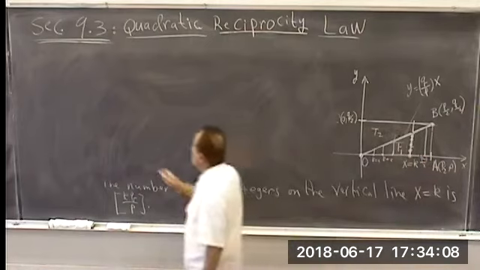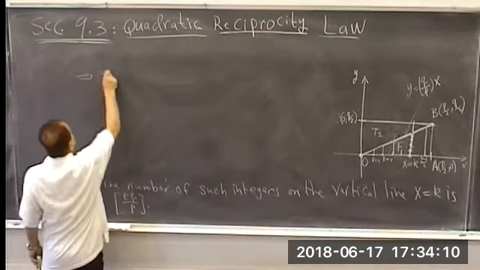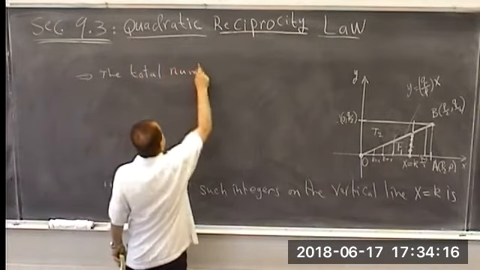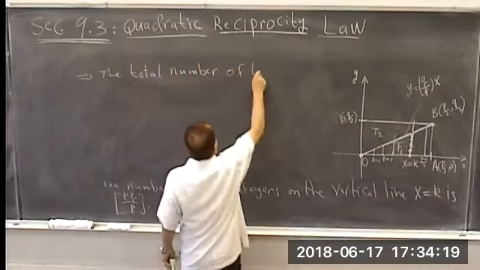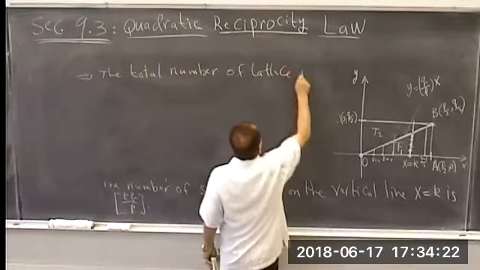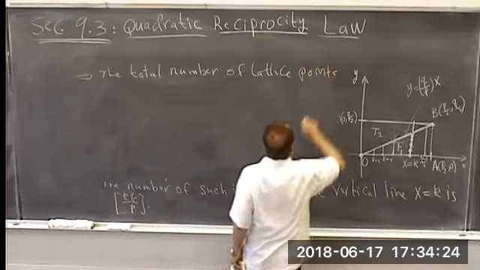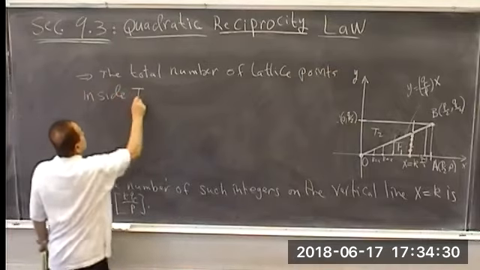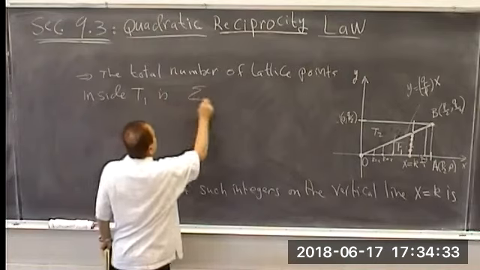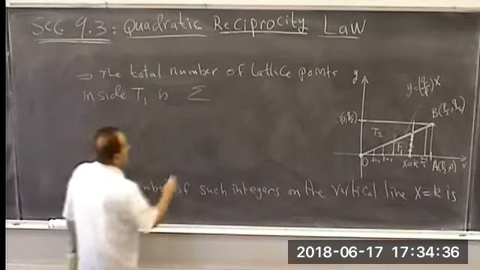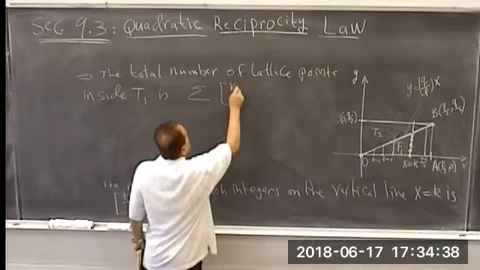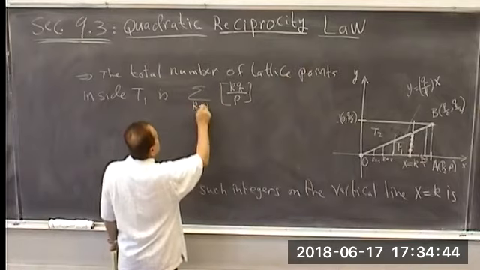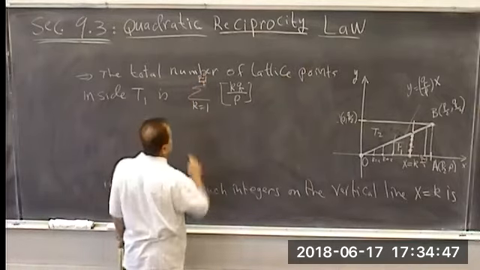All right, so this implies that the total number of lattice points inside T1 is the summation of expressions like this over p, where k ranges from 1 to (p minus 1) over 2.